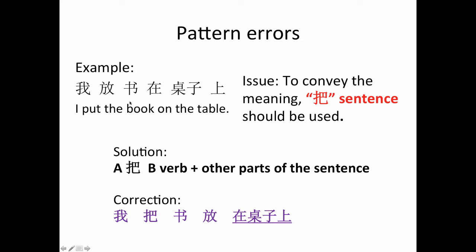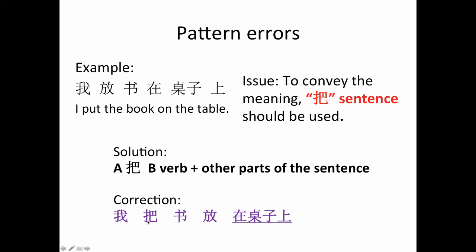In this example, A, the subject, is 我, and 书 is object, is B, and 放 is the verb, means to put. 在桌子上, the location phrase, is other parts of the sentence.